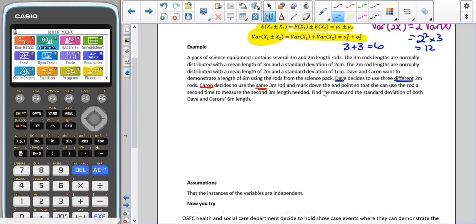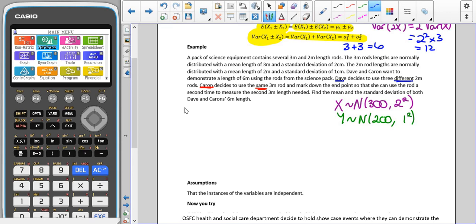I'm going to say that my 3 metre length rods are X, which follows the normal distribution with a mean length of 300 centimetres and a standard deviation of 2 centimetres, so that would be 2 squared. Then we have the 2 metre rods, which I'm going to say follow Y distribution, and they're normally distributed with a mean length of 2 metres, that's 200 centimetres, and a standard deviation of 1 centimetre.